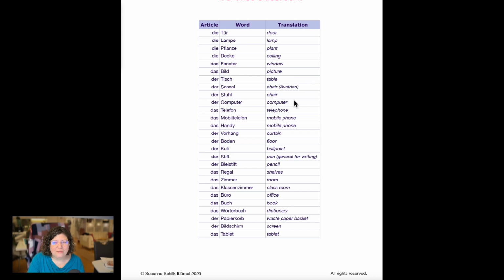Chair. Computer. Telephone. Mobile phone. Mobile phone. Curtain. Floor.